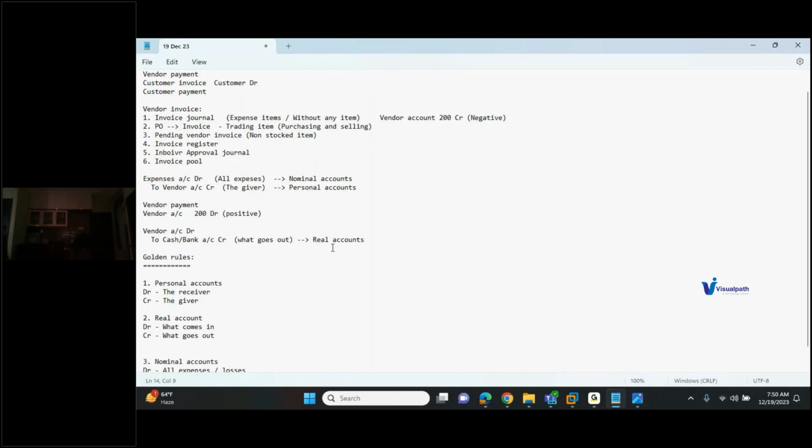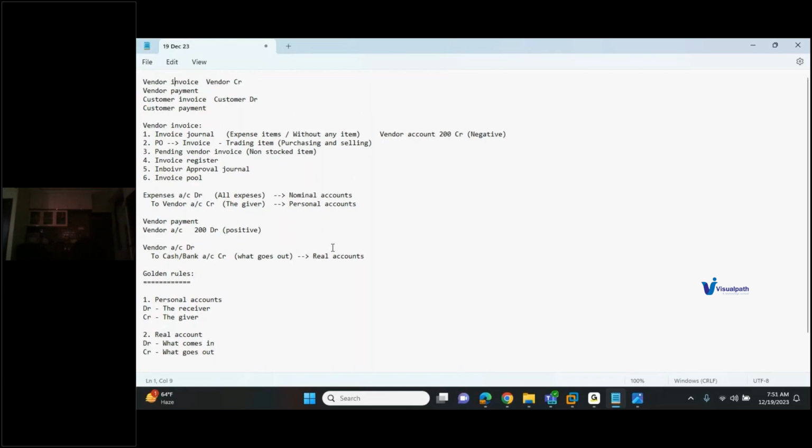Okay. Suppose if you want to buy some item, I mean buying and selling items, in that category, will it also come under expense account, sir? No, that is inventory. It will come into inventory, which I will discuss with you later, after one week, ten days. That is a trading item. I will come to this point in the purchase order.